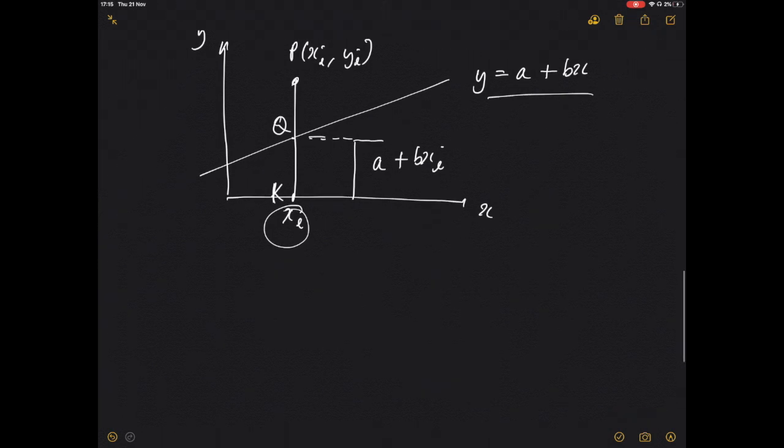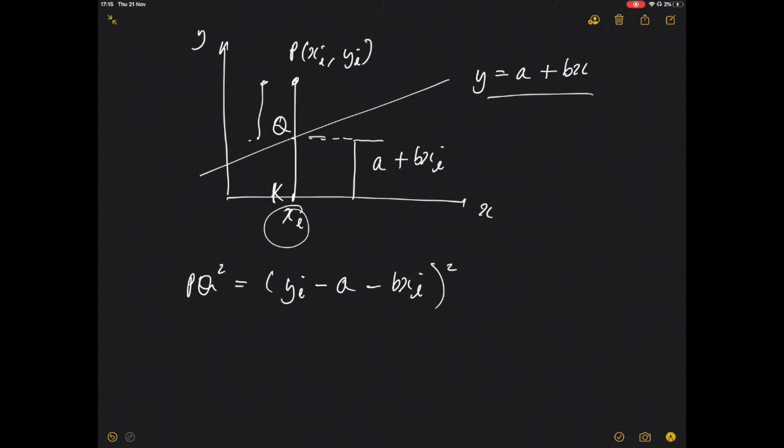So what we can say there with all of this information is that our P to Q equals y_i minus our a here, and then we minus our b x_i as well, because we're going from here to here, and we now have a description which is going to show us from P to Q. As with the standard deviation last week, I told you we squared it because this helps us get around the problem if we have a negative or a positive value.